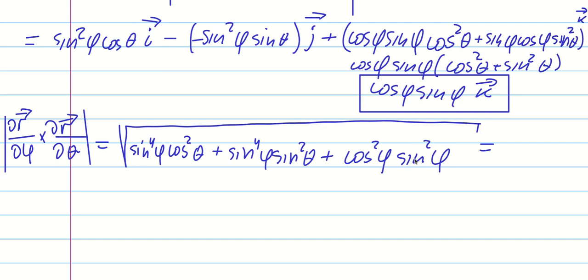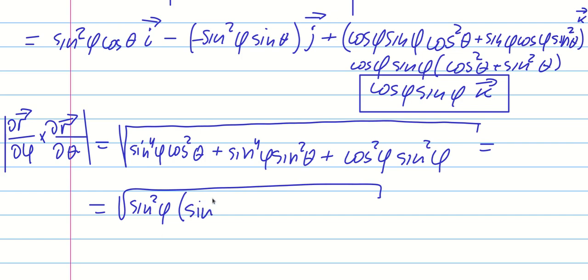We can factor sine squared of phi out, right? So this term will be sine squared of phi times sine squared of phi plus cosine squared of phi, plus sine squared of phi.